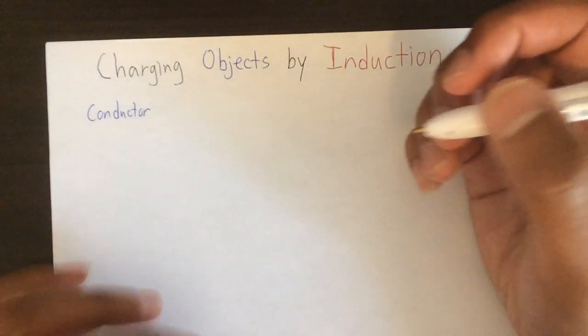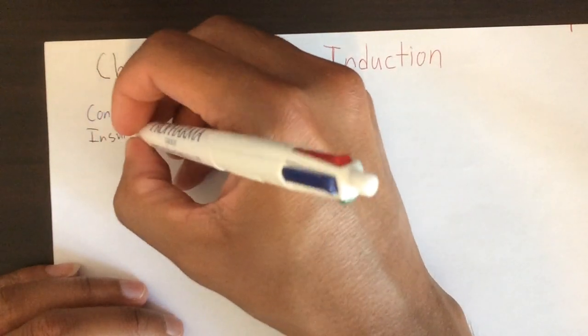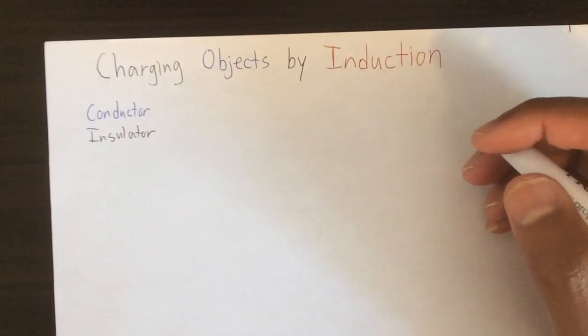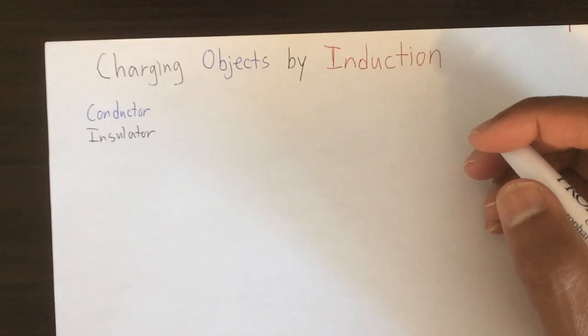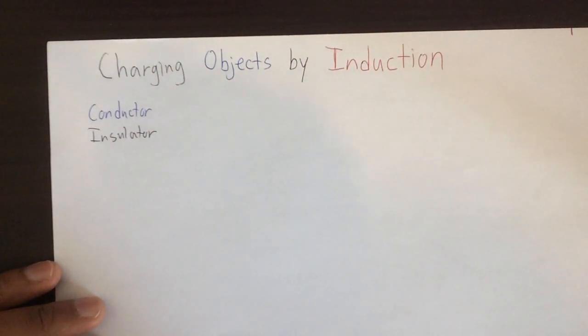And insulators are materials in which electrons are bound to atoms and cannot move freely through the material. So those are the definitions, but let's go over an example to better understand this.